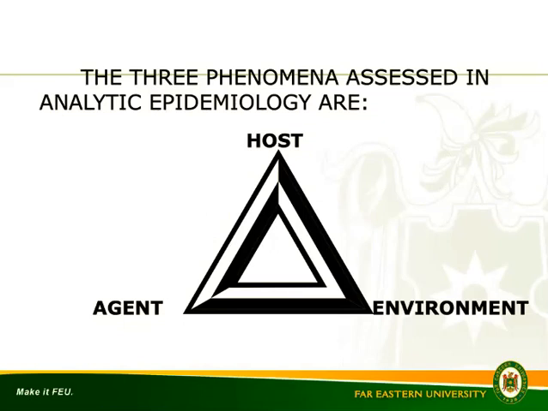Usually, in analytic epidemiology, there are two types of study. One is observational, particularly the cohort studies and the case control studies, and another one is the experimental through the randomized control trials, which I'm sure you will also be discussing under the research methods. Okay.